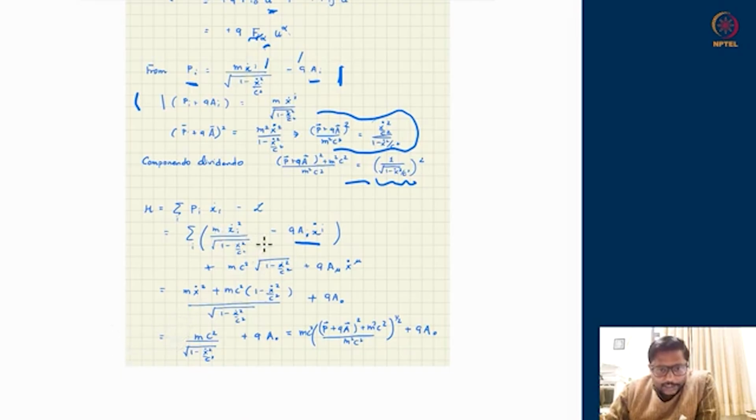So the remaining square root terms can be combined together. Out of the potential terms, the vector potential terms, many got cancelled. Only one term, qa naught, will survive, with x0 dot in the Newtonian version being 1. And the square root terms can be combined together, as you can see, and ultimately I will get mc square divided by the square root of 1 minus v square upon c square.